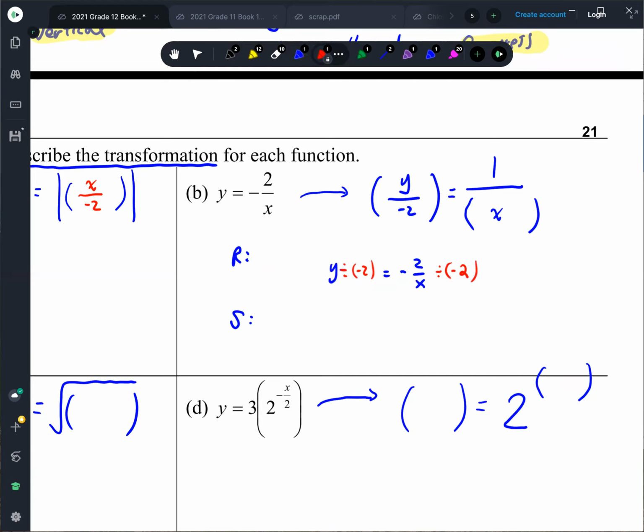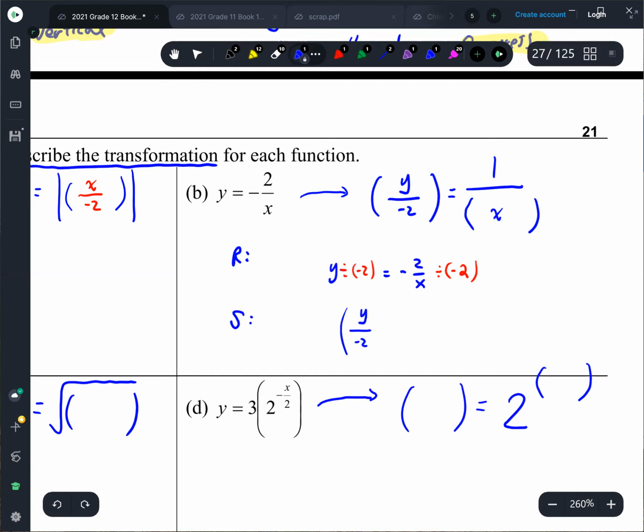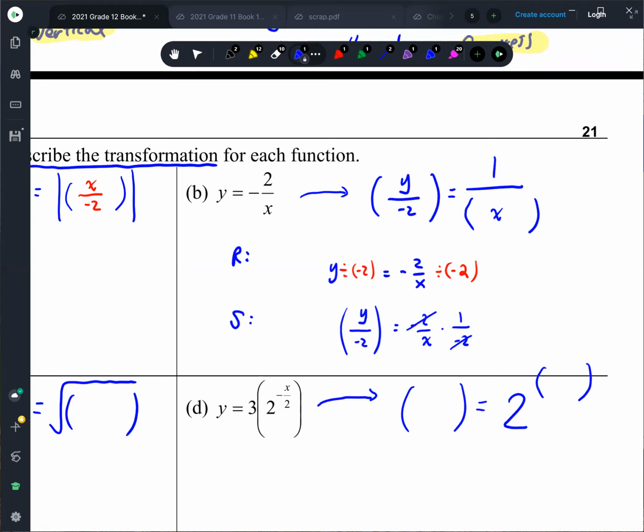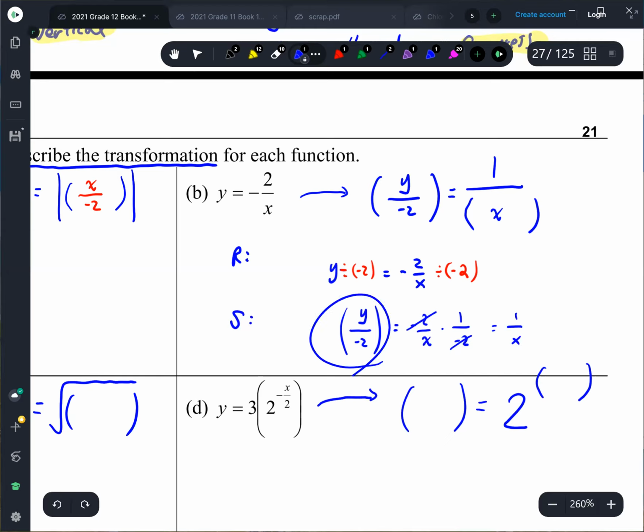Then your left side will look like y over -2. On the right side, dividing by -2 is the same as times 1 over -2, so the -2 cancels out and you're left with 1 over x. So you have y over -2 equals 1 over x.